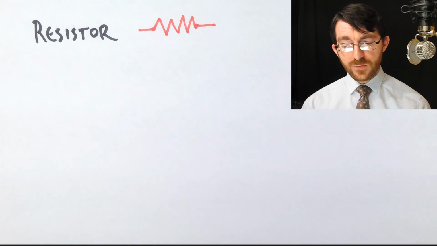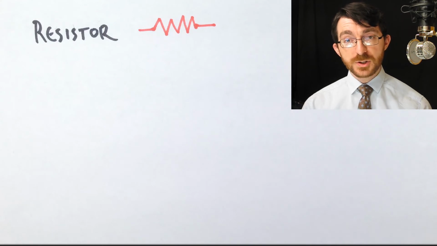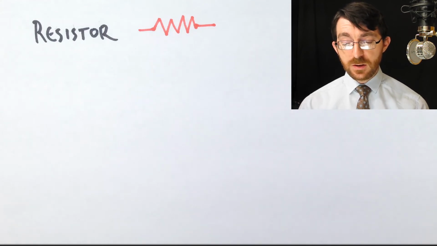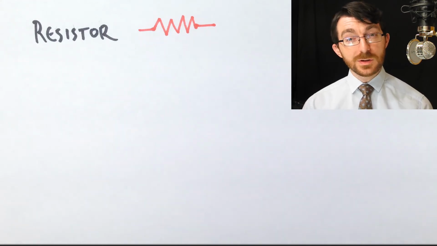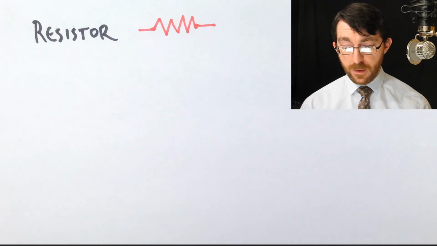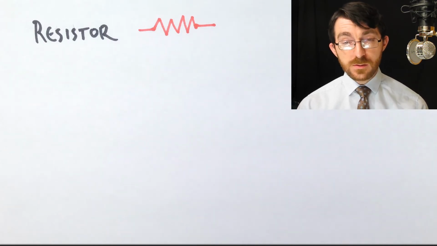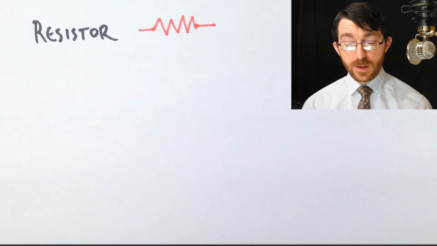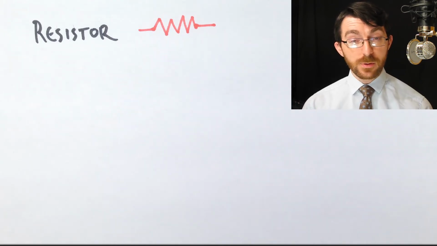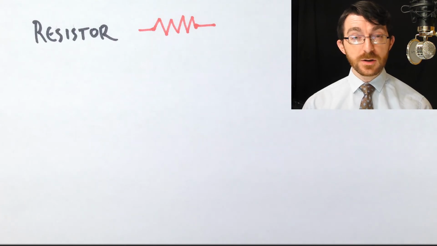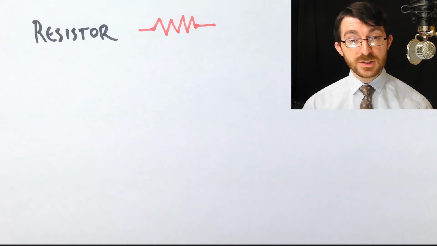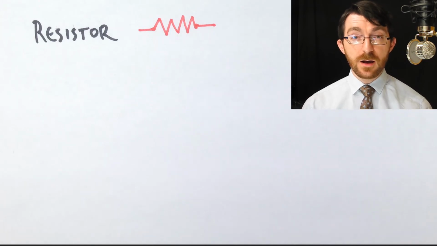And it's often used to accomplish a task because you can think of it as a way for energy to leak out of the wire. One way that you might use a resistor is as a heater, as in when electricity tries to pass through the resistor, some of the energy escapes it and it just enters the air as kinetic energy. Well, kinetic energy of air, if it's not wind, is heat.